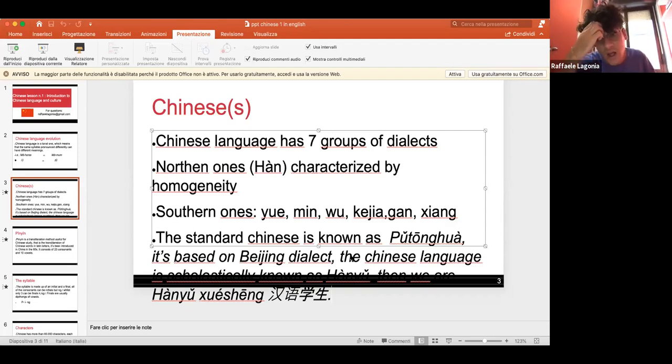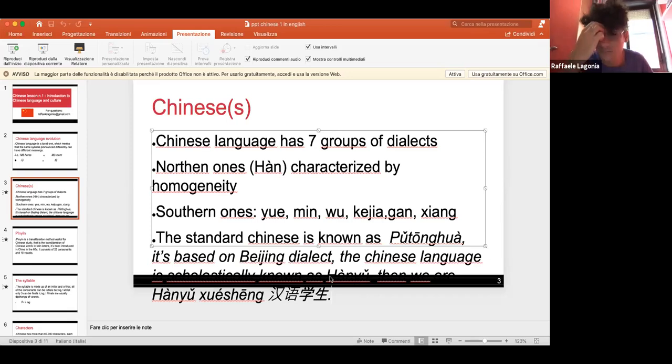dialect. The Chinese language is scholastically known as Hanyu. Then we will be Hanyu xuesheng. That means that we are Chinese students. So we have Hanyu, that is the term to indicate Chinese on a scholastic level, and then xuesheng, that means students.